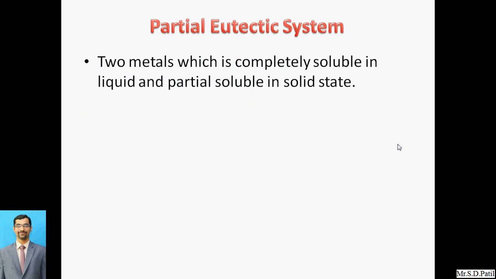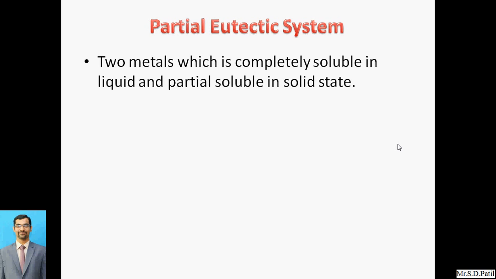Now we will go to the next system, the partial eutectic system. What is the partial eutectic system? It is two metals which are completely soluble in the liquid and partially soluble in the solid state.